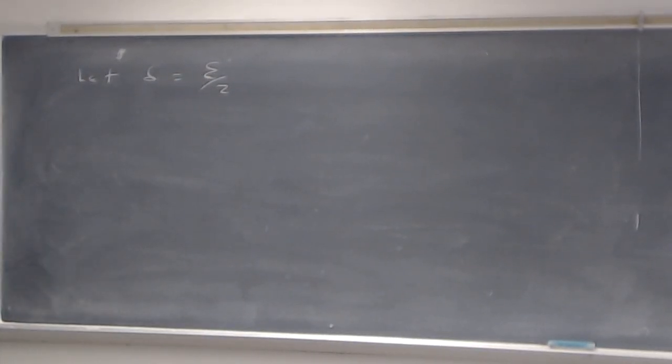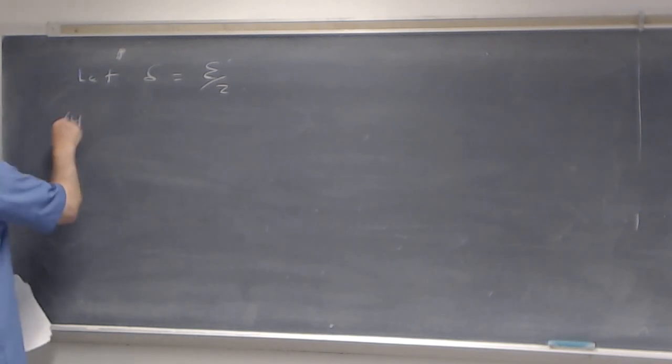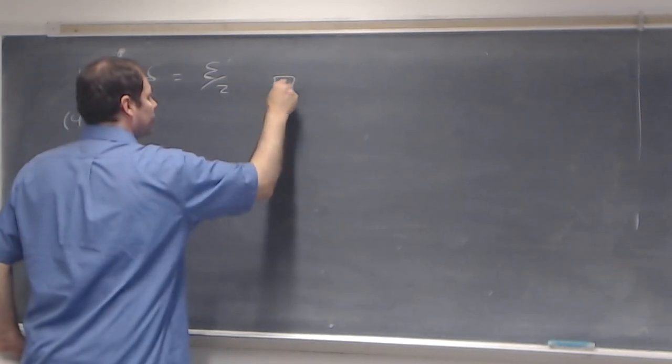Okay? And that's the delta that will work, and you just work backwards, which I'm not requiring for the proofs here. And this is a prototypical problem that we would have seen from chapter 4.